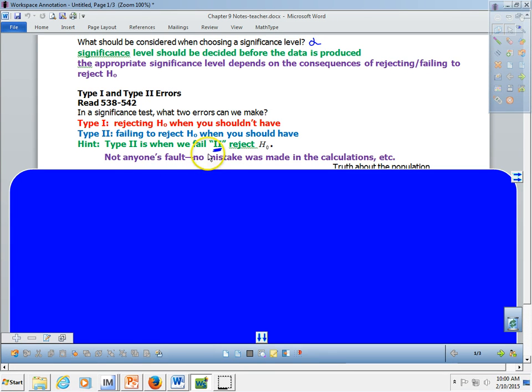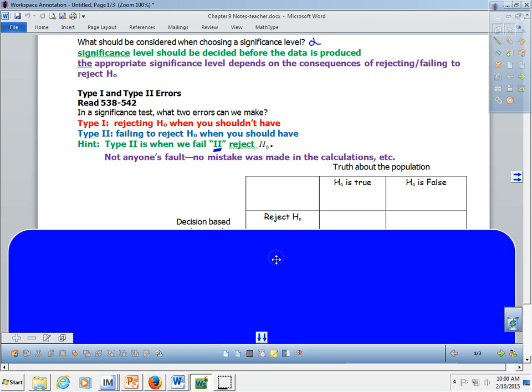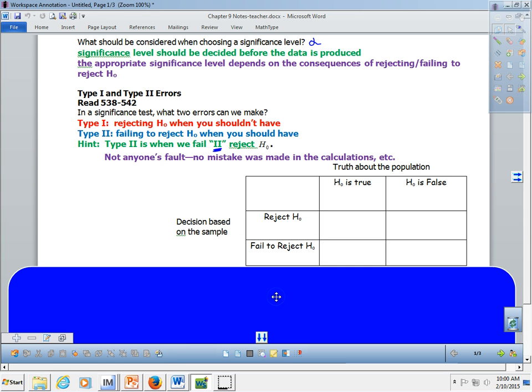So failing to reject is one way to look at it. There's also a Punnett square that we can fill in that might help those with more of a science mind make more sense out of this. Along the columns here, we're talking about the truth about the population, and across the rows, we're talking about the decision that was based on the sample produced.